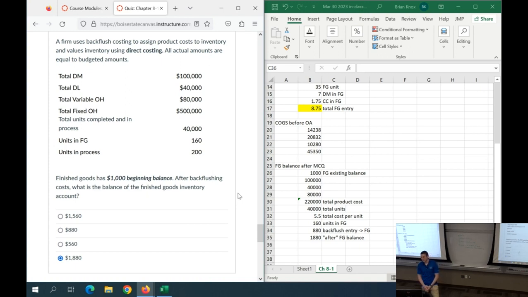I'm sure that if you're in a lean firm, you're going to find some way to say, well, let's do like we do with a few other accounts on the balance sheet, like the allowance for doubtful accounts, that kind of thing, and say, well, we need the net of, we need to backflush $880 to finished goods, but it already has $1,000 in it, so we probably need to decrease that amount by $220 or $120 to get to $880 as the final balance.